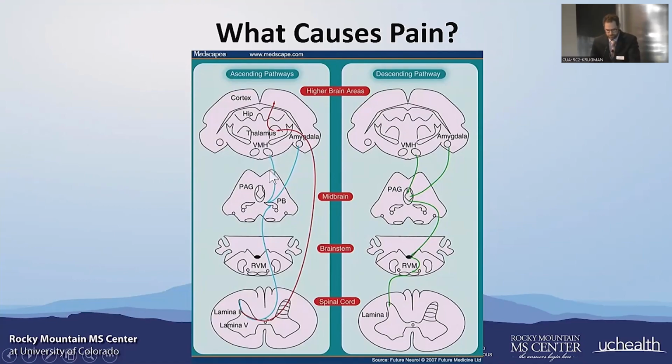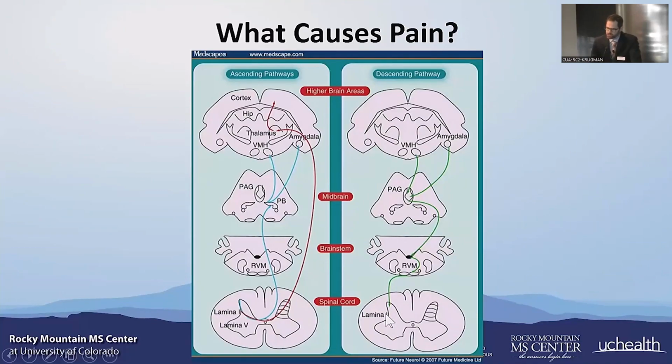And so simplistically, a lot of us like to think, okay, pain is this process that goes one way. It comes from the periphery to the central headquarters, or just ascends. But in fact, there's also a descending pathway, which is actually quite important. A lot of these same structures here, particularly the thalamus, the amygdala, and then in the brainstem, the periaqueductal gray, the rostral ventral medulla, feed back downward into the spinal cord here and connect with what are called interneurons.